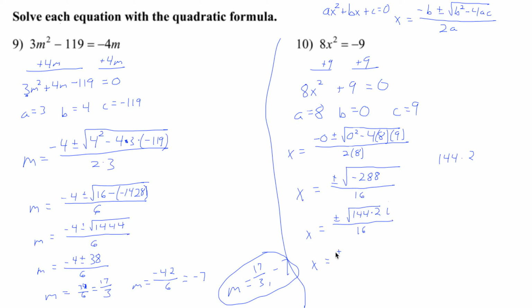Well, that's 12, so we have plus or minus 12, still got a root 2 here, root 2i, over 16. And now we can reduce things that are not within the square root. So 4 goes into 12 3 times, so we have plus or minus 3 root 2i, and 4 goes into 16 4 times. So maybe I should have just done this: 4 goes into this 3 times, 4 goes into this 4 times, and then we have our answer.